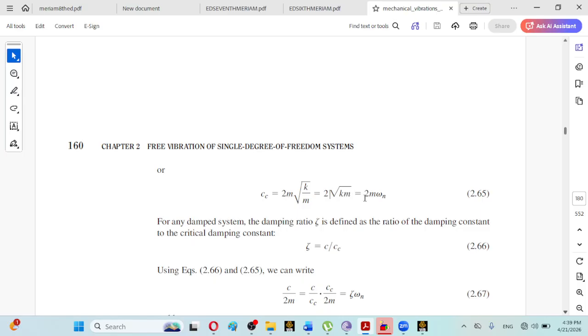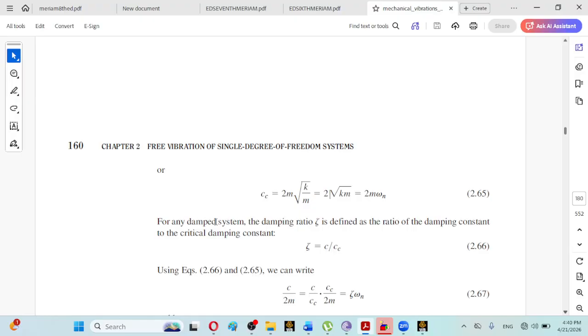We can say the critical damping constant is 2 times the square root of the product of the stiffness and the linear inertia for a linear system, or the other form is 2 times the product of the linear inertia and the circular frequency omega n, whose units are radian per second: 2m omega n. So equation 2.65 has been clarified.